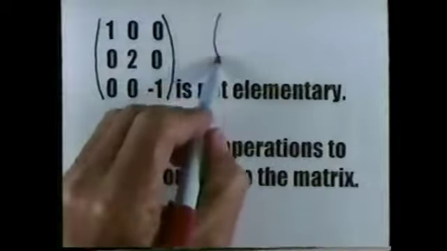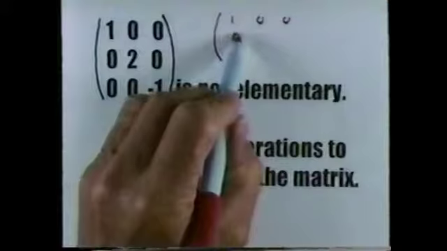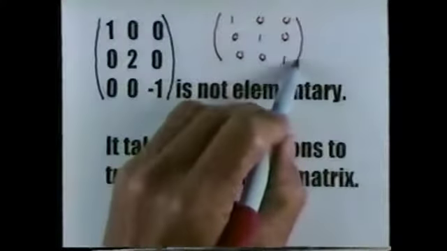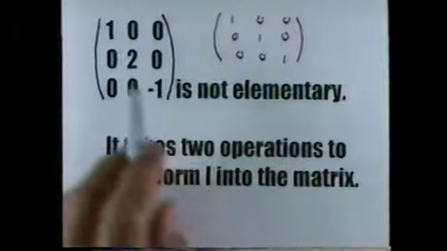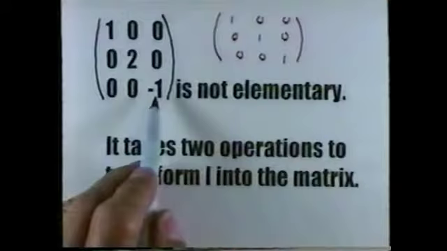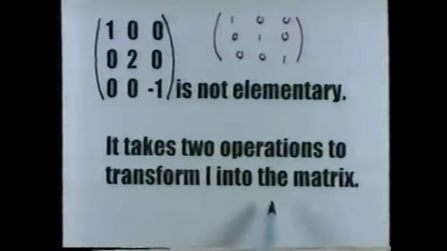If we think about I, [1, 0, 0; 0, 1, 0; 0, 0, 1], I have to do two things. I have to multiply row 2 by 2. I have to multiply row 3 by negative 1. So it takes two operations to transform I into this matrix. Therefore, this matrix is not elementary.